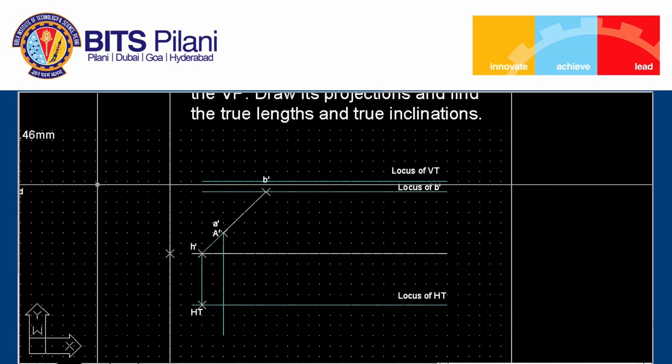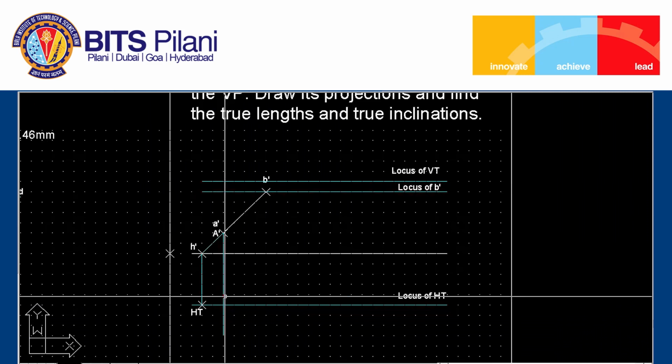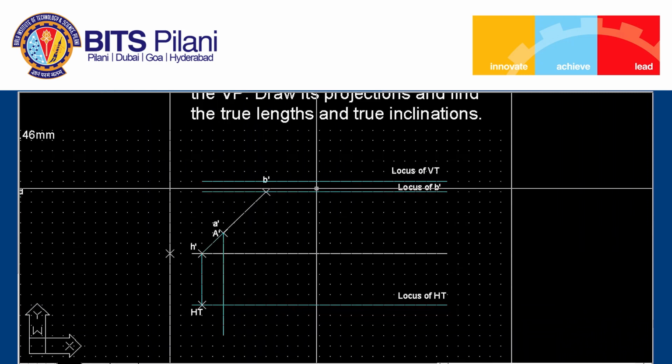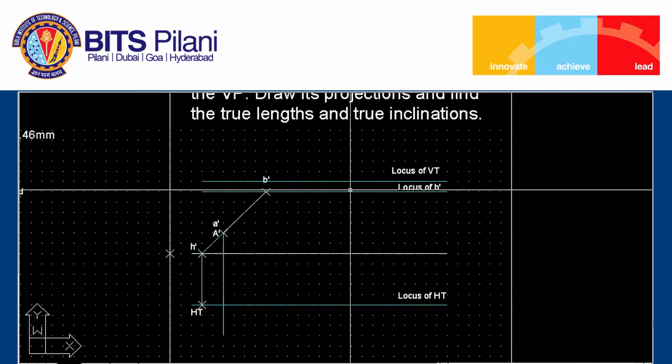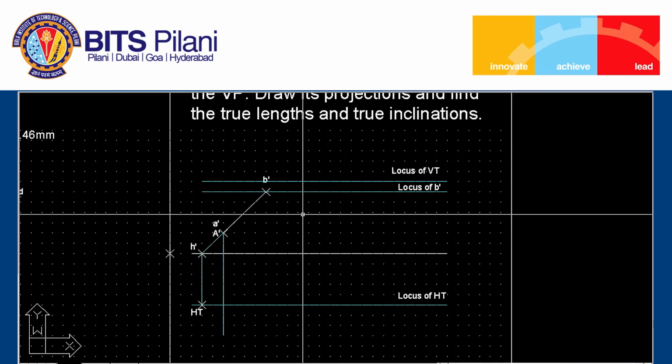Now the other information we have here is that VT is also a front view point and small v is the top view point, and we know all front view points are collinear. So we can extend the line A prime B prime till the locus of VT, and we will get the point VT.